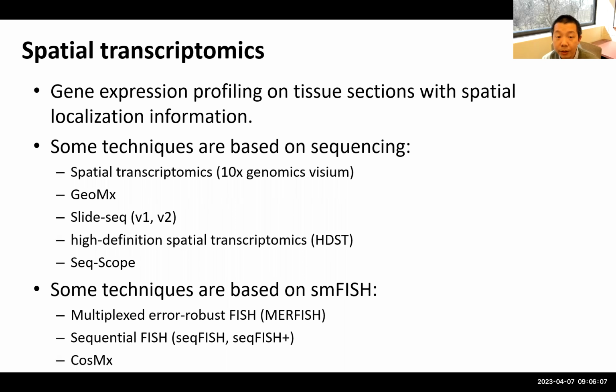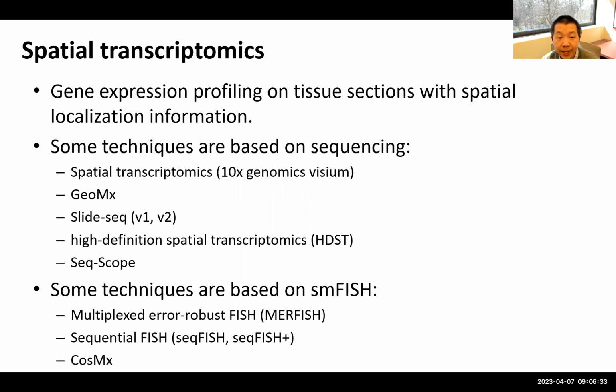There are many different technologies that have been developed, in two general categories. One category is sequencing-based spatial transcriptomics techniques, and the other is smFISH-based, or single molecule fluorescent in situ hybridization-based, technologies. For the sequencing technologies, there is the well-known spatial transcriptomics, the precursor of 10x Genomics Visium technology, and 10x Visium, which is the most widely used commercial platform.